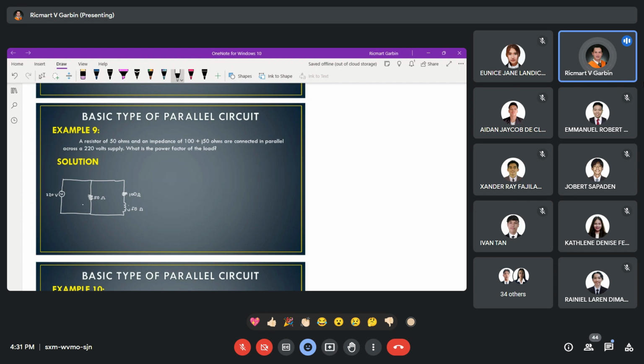So, all we have to do now is to get the total impedance. So, the total impedance is 50 multiplied by 100 plus J50 all over 50 plus 100 plus J50. So, what is the total impedance? Kindly compute.